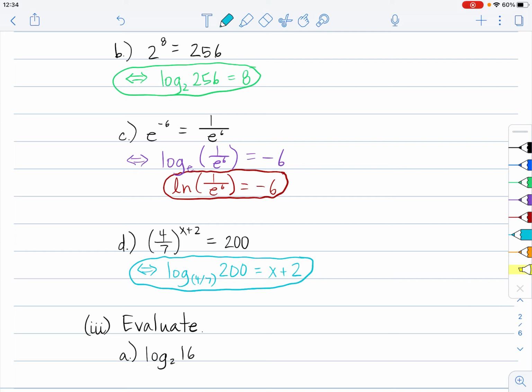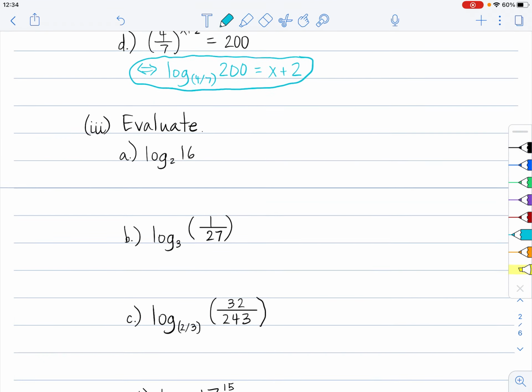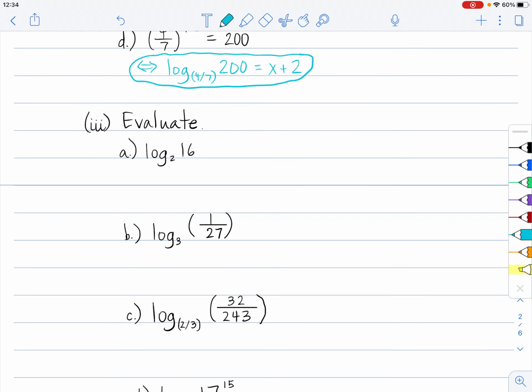Example number 3. We're going to evaluate. I feel like I should have paused my video a long time ago, so at this point I'm just going to keep going. Example number 3, we want to evaluate log base 2 of 16.